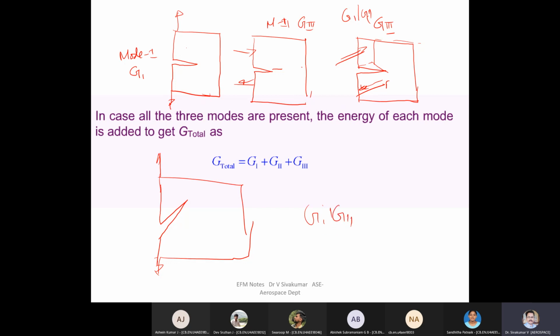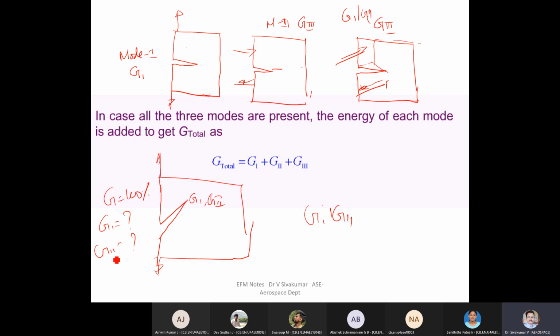It depends. In finite element analysis of fracture mechanics, the system will automatically tell you how much is G1 and how much is G2. Suppose G is 100%, it will tell you what percentage is G1 and what percentage is G2.